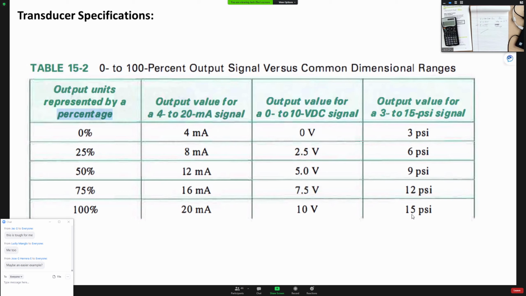For here, it's 15 subtract 3, which gives you 12. At 50%, 12 times 50% gives you 6 psi. The 0 value is 3, so 6 plus 3 gives you 9 psi.